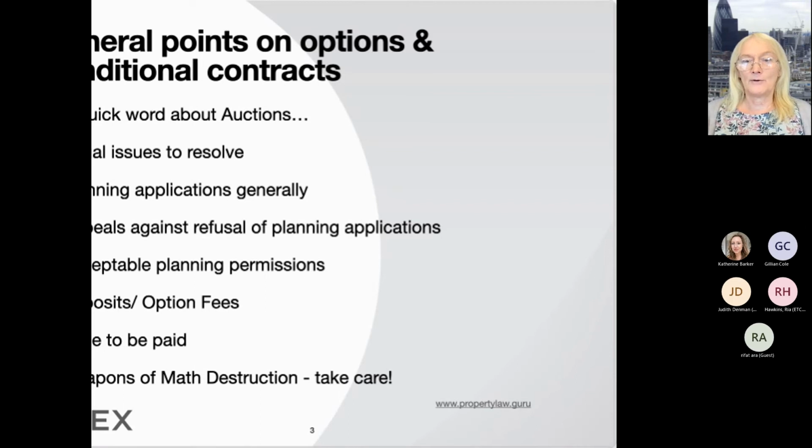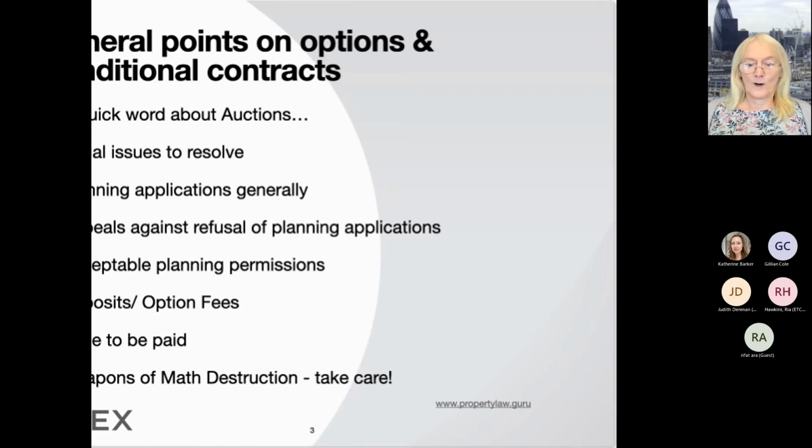Now, obviously, the owner is concerned about what the terms of this Section 106 agreement are, and they'd be concerned if it had any effect on any other land that they had adjoining. So normally there will be provisions in the conditional contract saying that the seller will expect the builder to indemnify them against any costs, and also there'll be no trigger on paying any money or doing anything until the development actually starts.